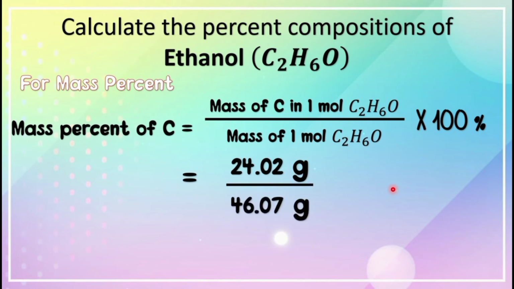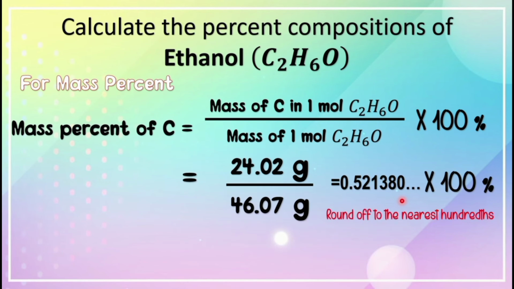As we solved a while ago, the mass of carbon is 24.02 grams divided by 46.07 grams, equal to 0.521380 and so on, times 100, which is equal to 52.14%. Round off your answer to the nearest hundredths.